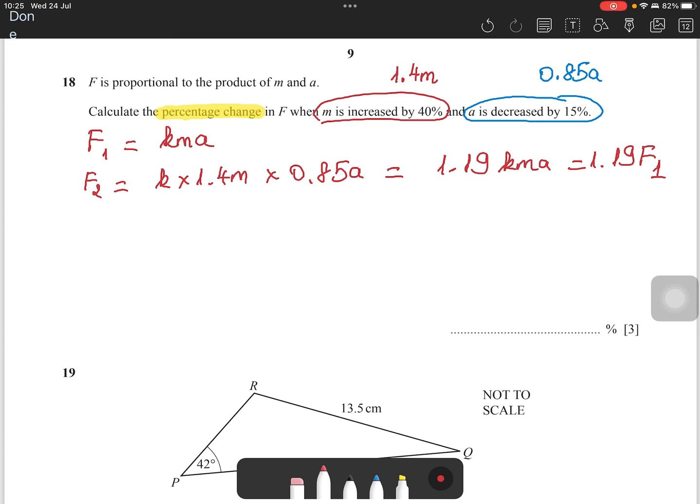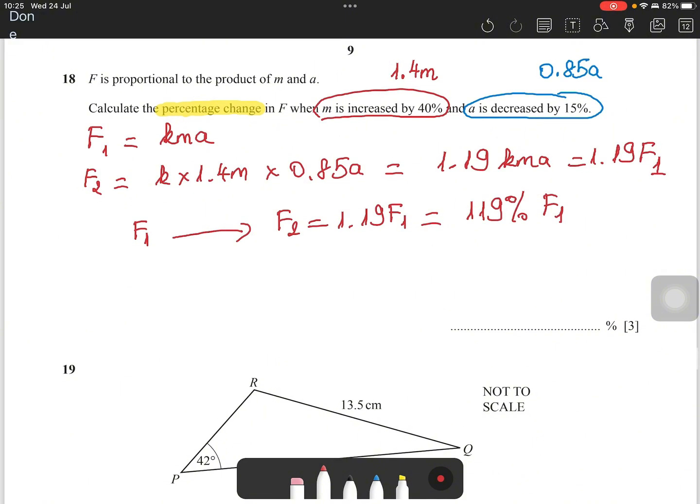From F1, you want to get the new F2, which is 1.19 F1. And 1.19 is actually 119% of F1. This means the new F is 19% higher than the original F. So the answer is 19%.